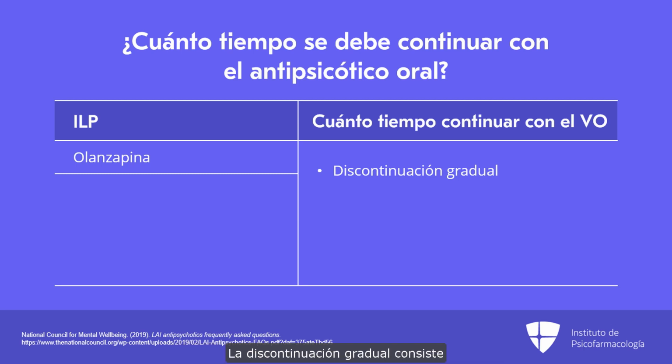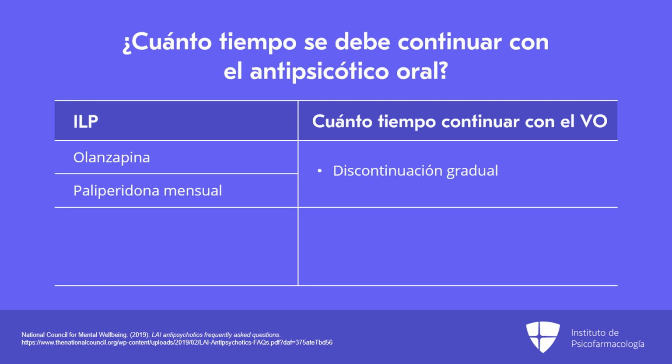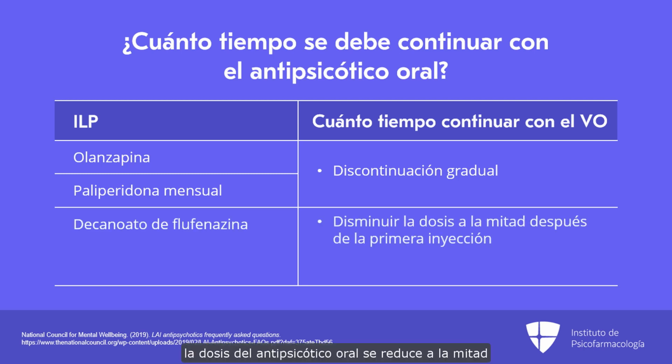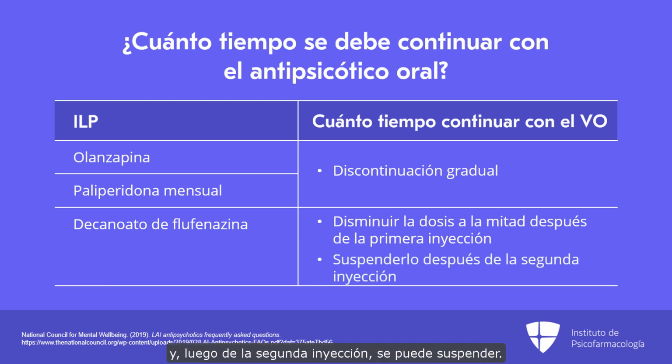Gradual discontinuation refers to just tapering the patient off of the pre-switch antipsychotic, so a brief taper off of the oral agent after switching. That's also recommended for paliperidone monthly. And then with fluphenazine decanoate, the dose is decreased by half after the first injection and then can be discontinued after the second long-acting injectable.